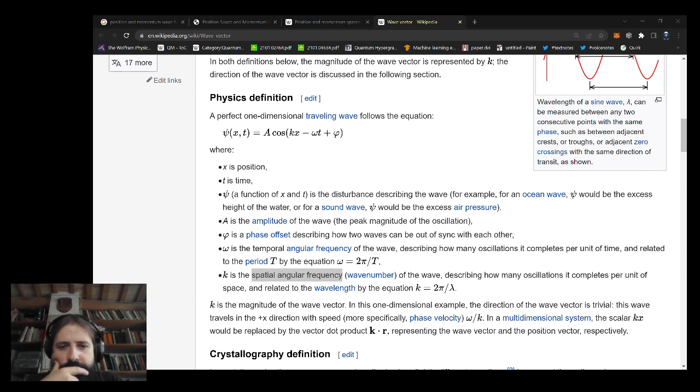So if ω is the temporal angular frequency, this means how many oscillations it completes per unit of time. I guess that's a bit odd, because the wave also completes oscillations per unit of space, the spatial angular frequency.